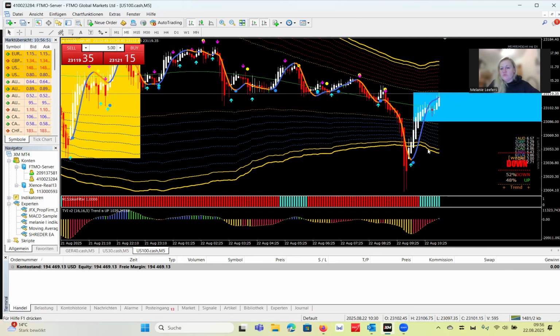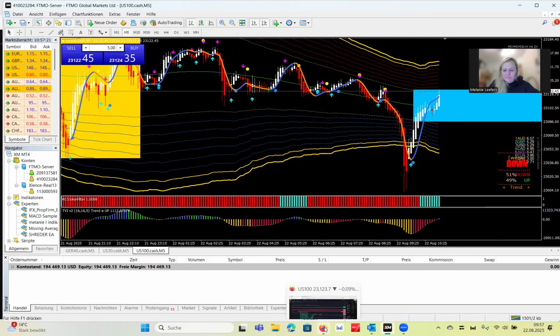And for a bullish signal, blue, blue, blue, and blue. So this signal here is against the trend. So for this indicator, I wouldn't have taken it. But this is on the 5-minute chart. As you can see, now it turns into blue. Also turns into blue, but this would be too late.